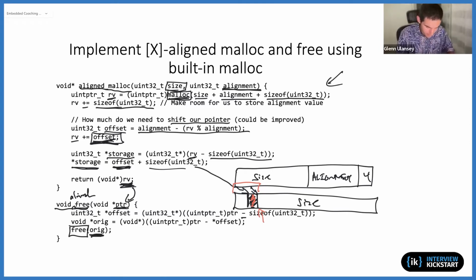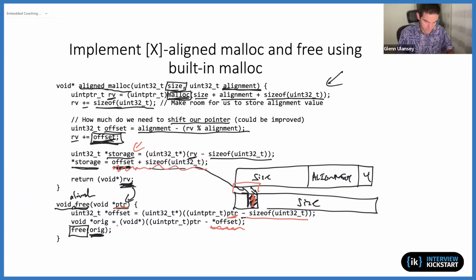And then down here in my free function, I take my pointer that was passed in, I subtract 4 bytes from it, so that now I have the same memory address I had up here when I was storing it. And now I can simply dereference that value. So this offset here ends up being the exact same number that I stored up here.